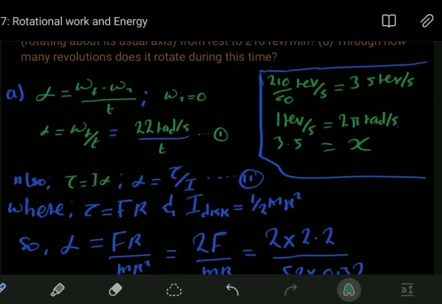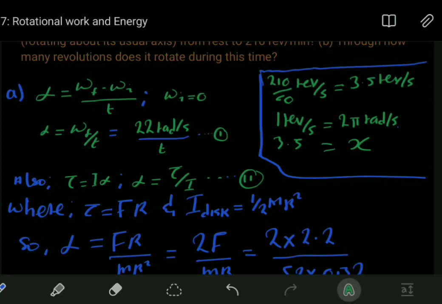In this case we have the torque equals moment of inertia times angular acceleration. So from here we can also find angular acceleration. We'll have angular acceleration being equal to the torque over moment of inertia. So this can be our second equation for the angular acceleration.